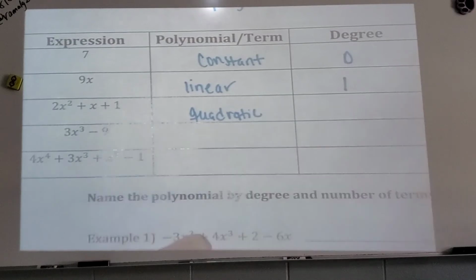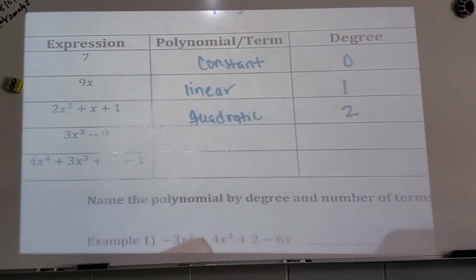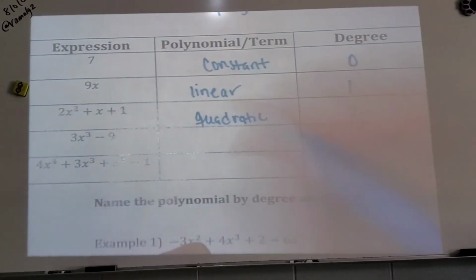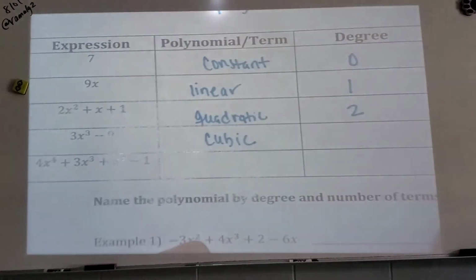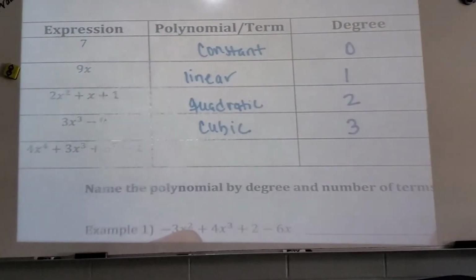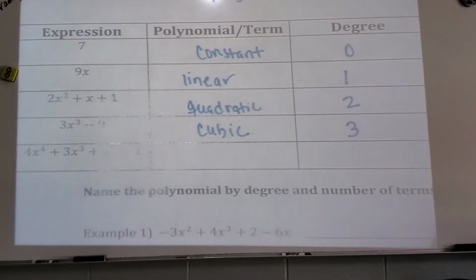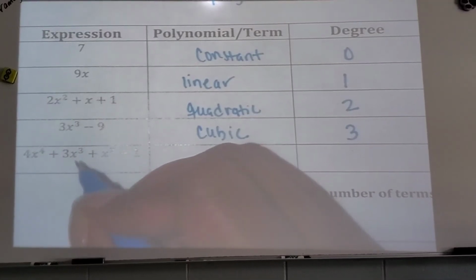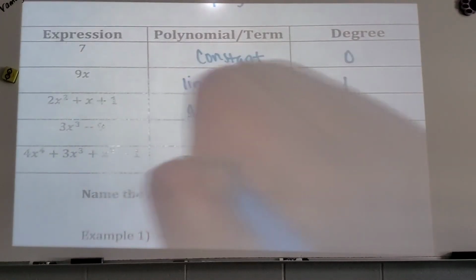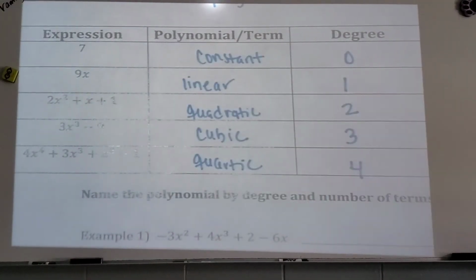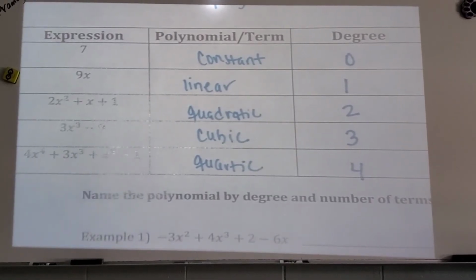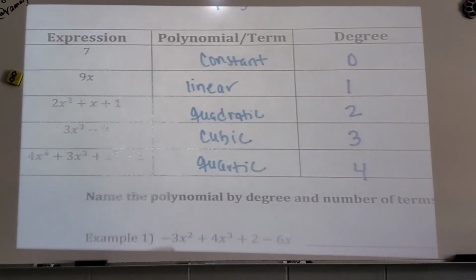It has a degree of 2. 3x to the third minus 9 is cubic because of the 3, and it has a degree of 3. 4x to the fourth plus 3x to the third plus x squared minus 1. Degree of 4 is quartic. If there are any degrees higher than 4, you can simply say 5th degree, 6th degree, and it'll keep going.